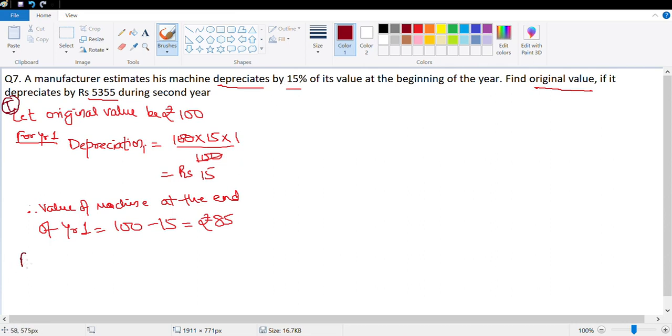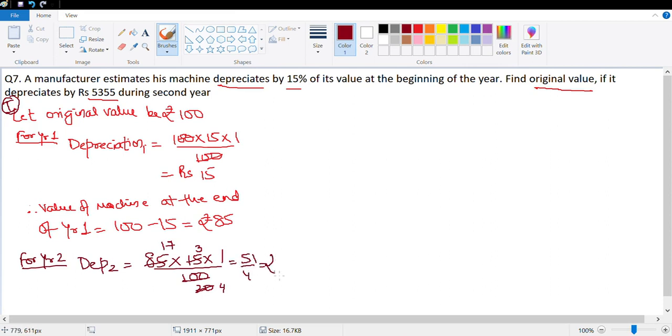So depreciation for year 2 would be equal to the value of the machine into the rate at which it depreciates multiplied with 1 upon 100. So this is 5 into 17, which is 51 upon 4, which is equal to rupees 12.75.